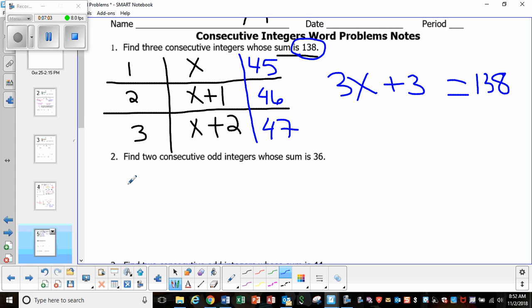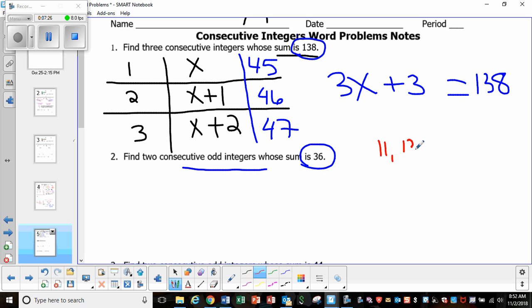The next one's a little bit different because it says find 2 consecutive odd integers whose sum is 36. So can anyone give me 2 numbers that are odd and that are consecutive? Any 2 numbers in the world that are odd and that are consecutive? Zach? 11 and 13.